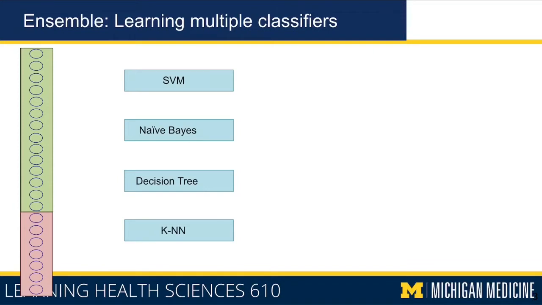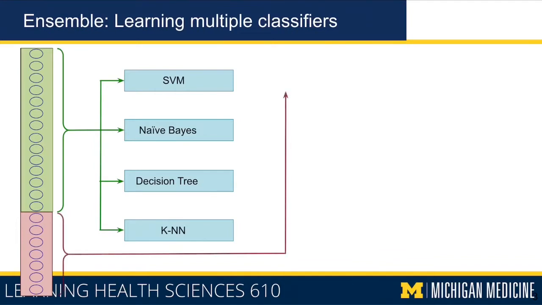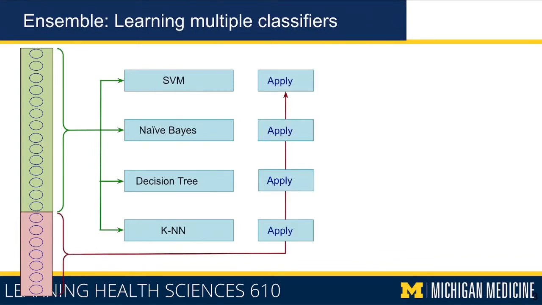Suppose we learn multiple classifiers: SVM, naive Bayes, decision tree, k nearest neighbor. So we are thinking of the best SVM model, or the best decision tree, and so on, that you can train using this training dataset.